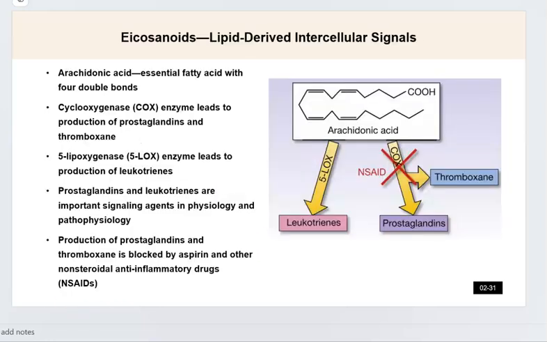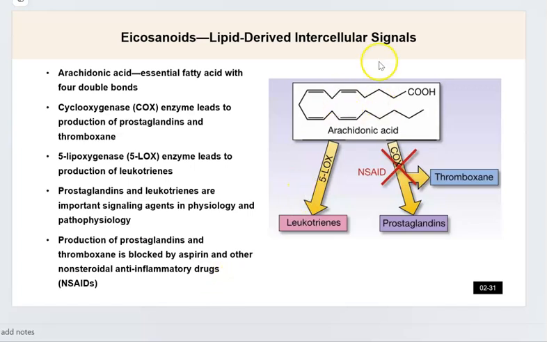Then we go into the eicosanoids. Certain lipid components of our biological membranes, such as arachidonic acid, may be released and converted into paracrine hormones. These are substances that act near their production site. Arachidonic acid is a 20-carbon unsaturated fatty acid containing 4 cis double bonds that give it a hairpin shape.